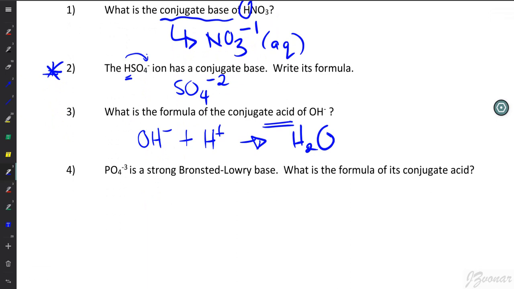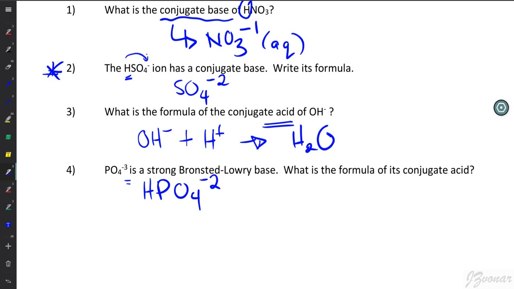And so we can write a couple different things here. What is the conjugate? If we're adding the hydrogen, if we're just going to add one hydrogen, it would be HPO4 -2. Because I'm adding that extra hydrogen, remember, we have to decrease the charge from -3 to -2.